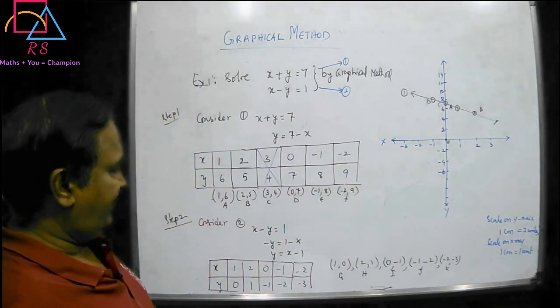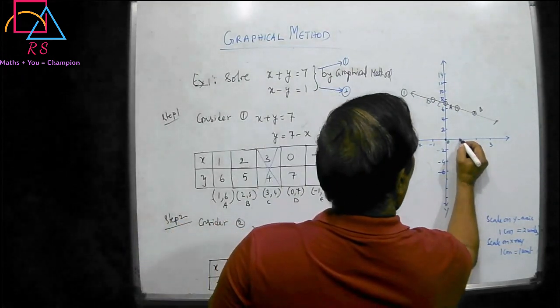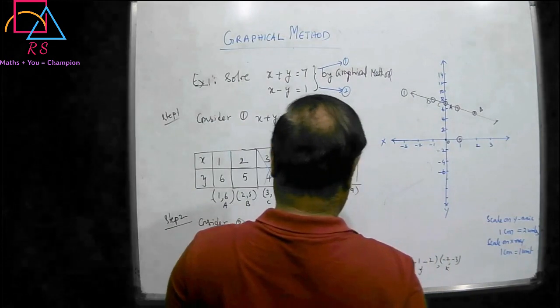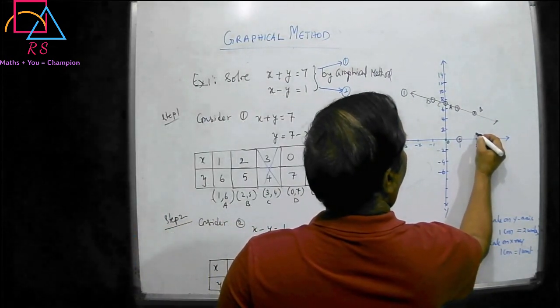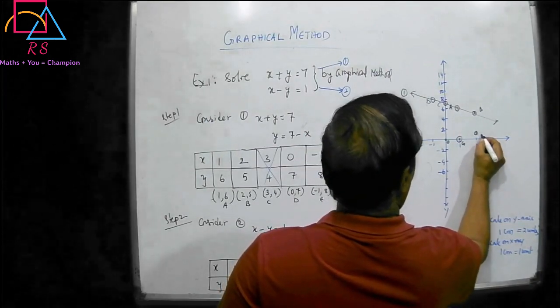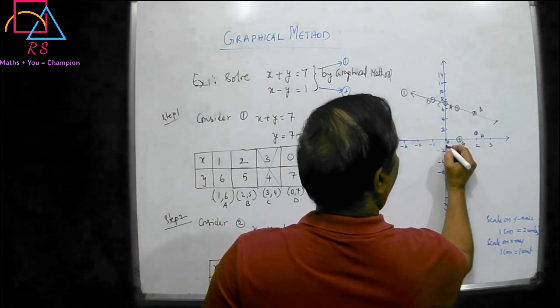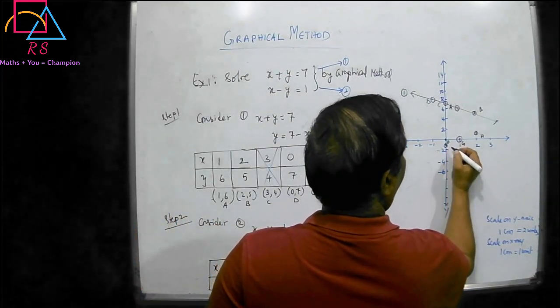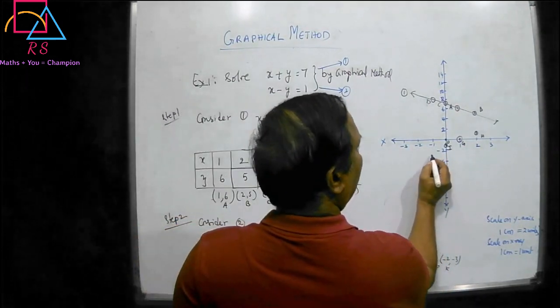Now the second equation. G, 1, 0. This is 1, 0. Right? 2, 1. 2, 1. This is G and this is H. Okay, 0, minus 1. This is 0, minus 1, H, I. Minus 1, minus 2.